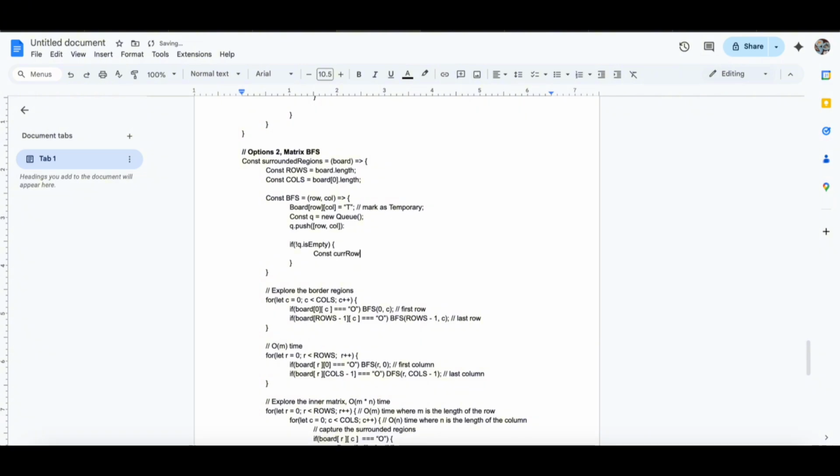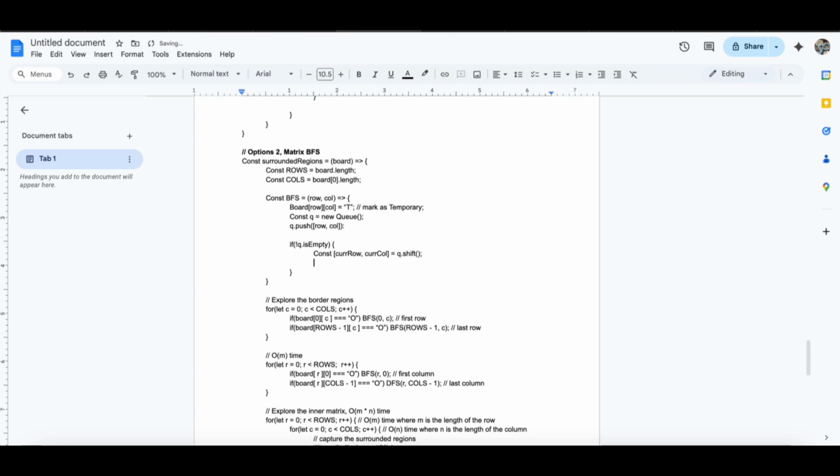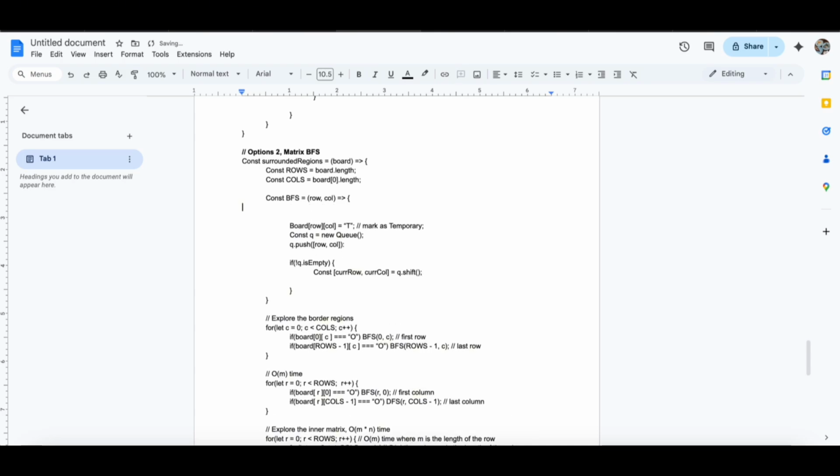const current row and current call, queue dot queue. The queue class use shift. Okay, then we'll submit the direction, right?